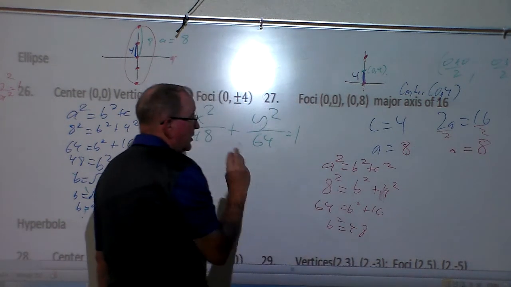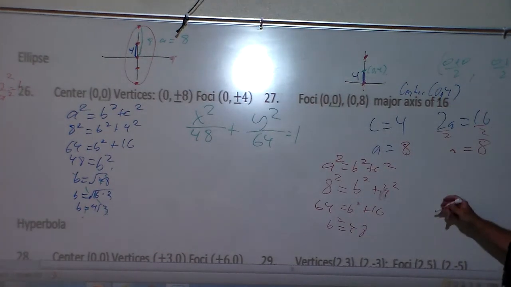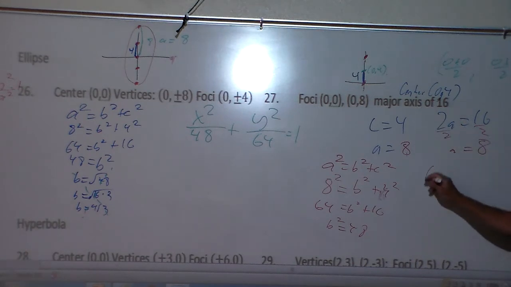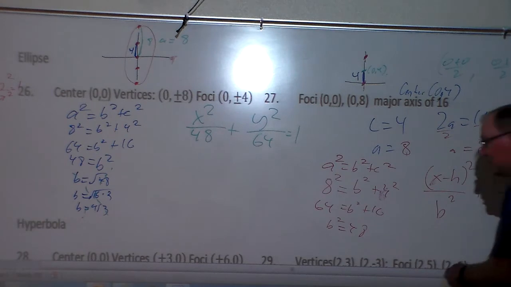So here's my formula. This one has a major axis that is still vertical, so I know the A will be underneath the Y's. So this will be, oops, not equals, plus the y minus k squared over A squared equals 1. Here's what I know to write the answer.